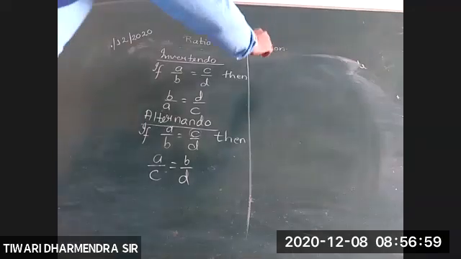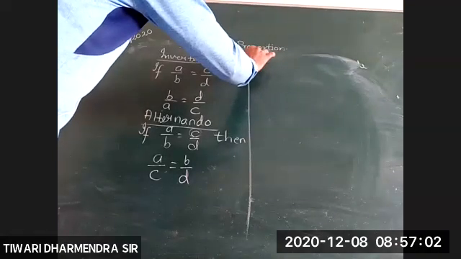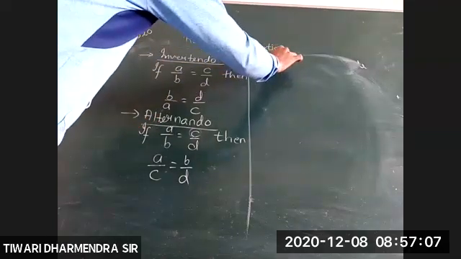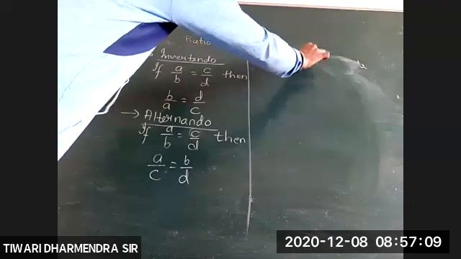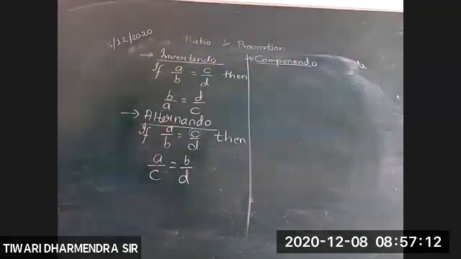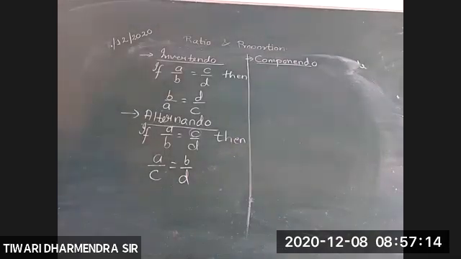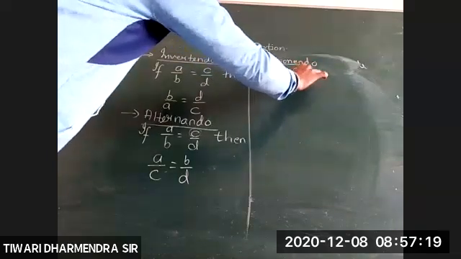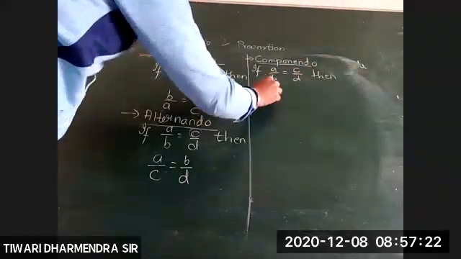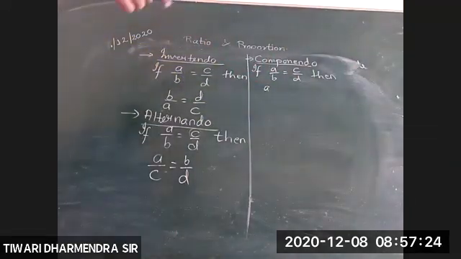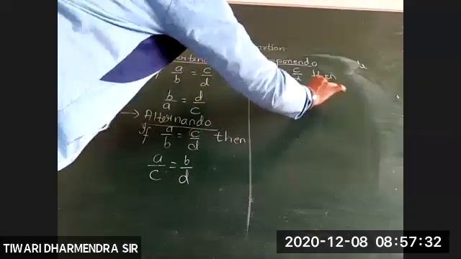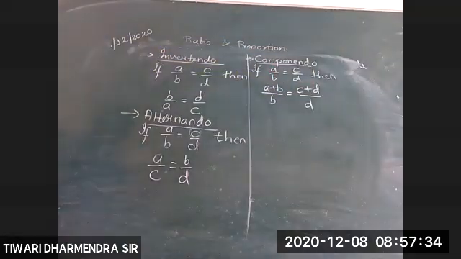The next, componendo. Again, if we are having two ratios and they are equal, then what will happen? Adding the denominator of the ratio to the numerator, that is A plus B upon B remains the same as C plus D upon D. It does not affect the ratio.